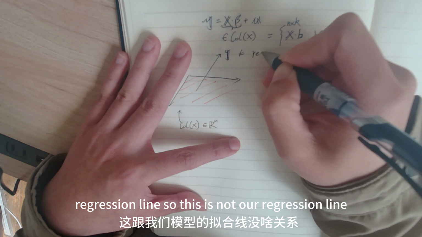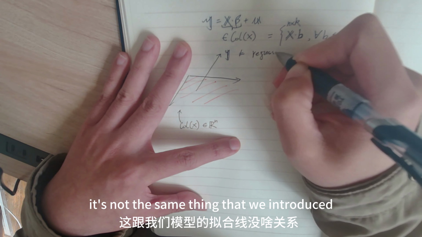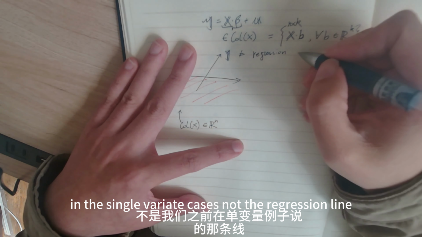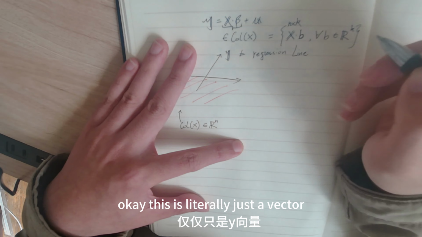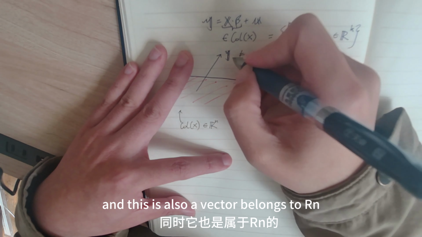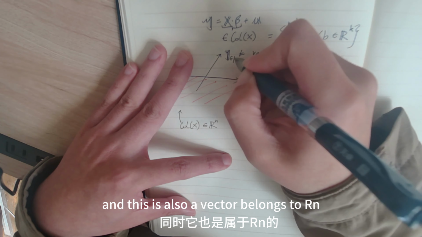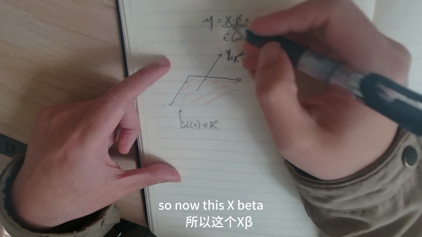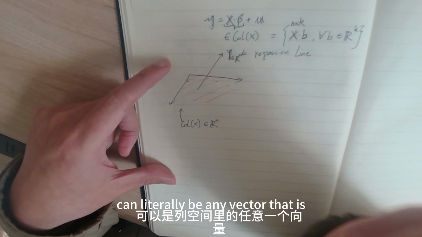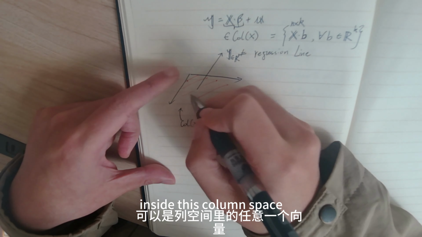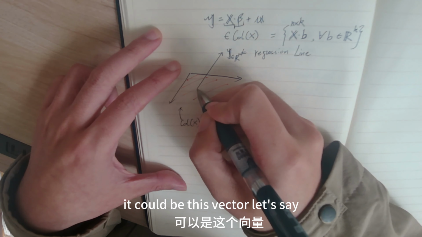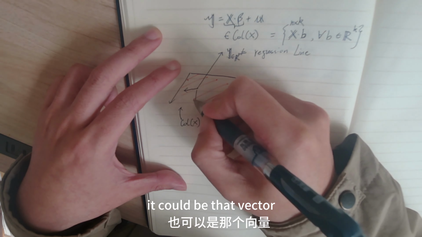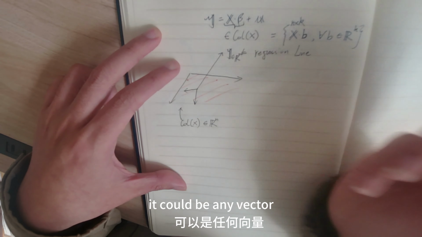This is not our regression line, not the same thing that we introduced in the single variable case. It is literally just a vector, and it is also a vector belonging to Rn. Now this X dot beta can be any vector inside this column space. It could be this vector, it could be that vector, it could be any vector.